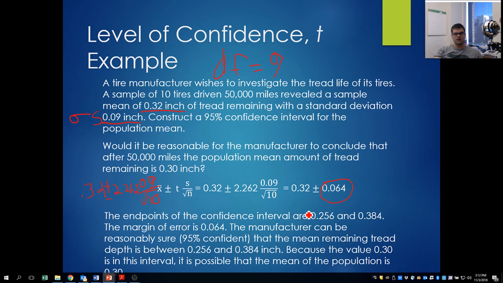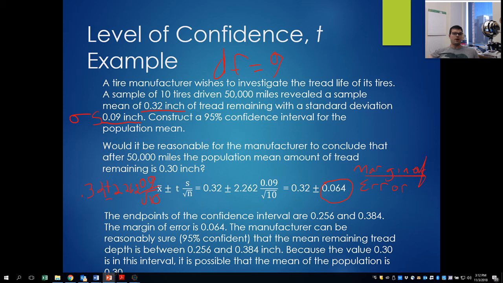Now what is this 0.04 called? This 0.04 is called the margin of error. I'm going to keep on asking you about that over and over again. So the margin of error. The endpoints of the confidence interval are 0.256 and 0.384, and the margin of error is 0.064.